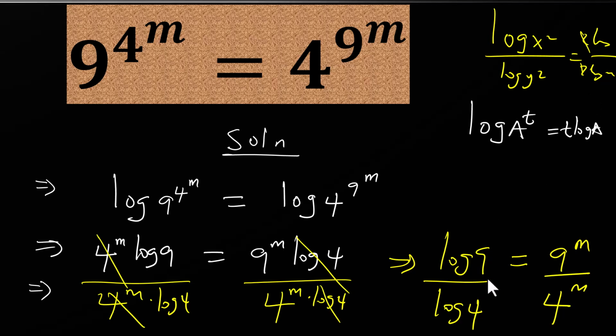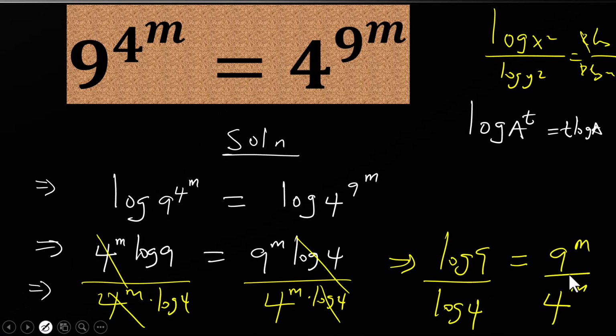So we can express 9 as 3 squared and 4 as 2 squared. So we have log 3 squared over log 2 squared equals, so we can also write 9 as 3 squared and 4 as that.